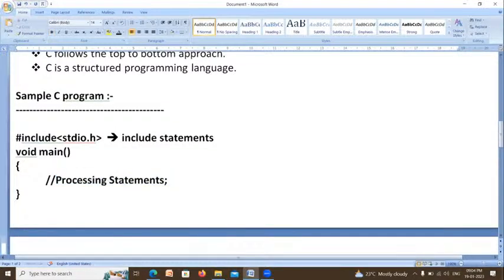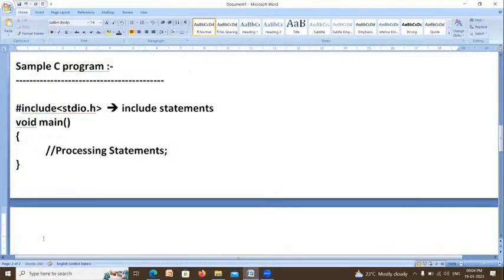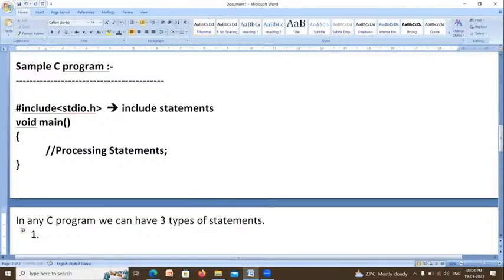Right. Now tell me what I explained. In any C program, we can have three types of statements. First one is include statements. Second one is main method, also called main function.